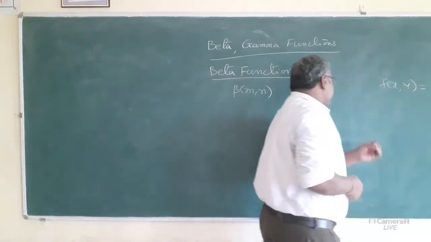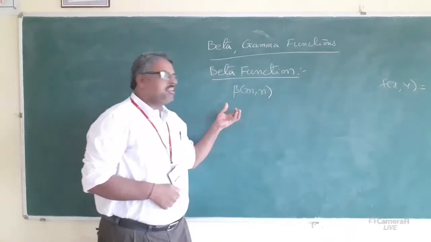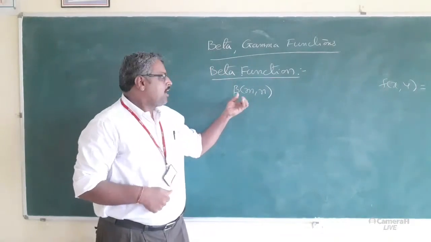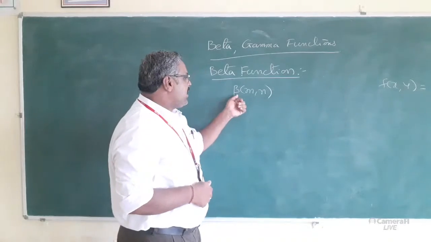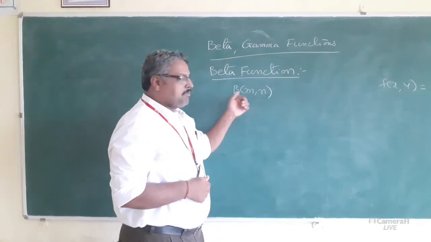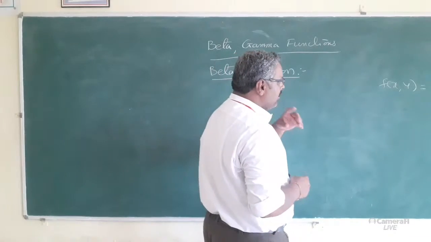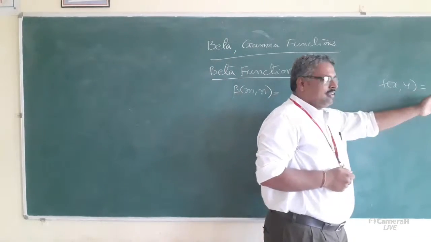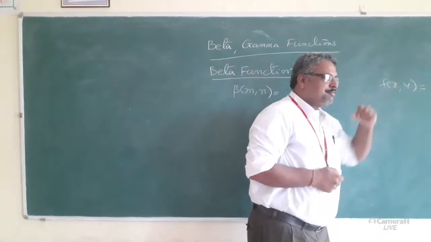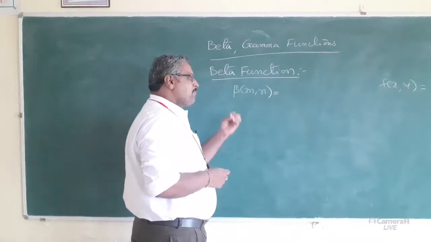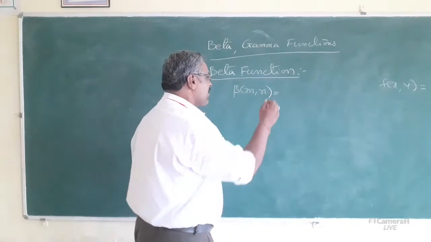This is also a function of two variables, beta m n, but it is defined on a definite integral. Previously all these functions were based on algebraic expressions, but this is defined on a definite integral.